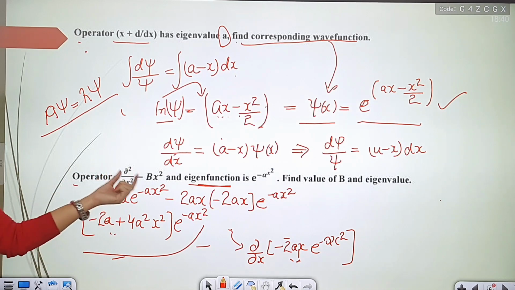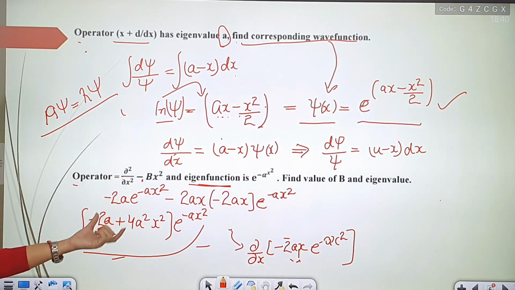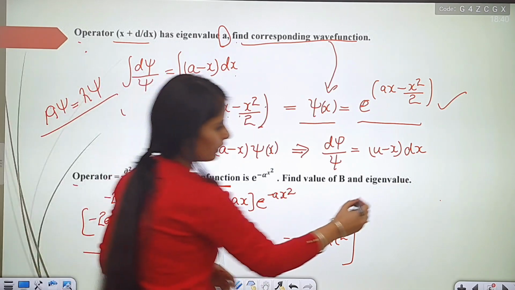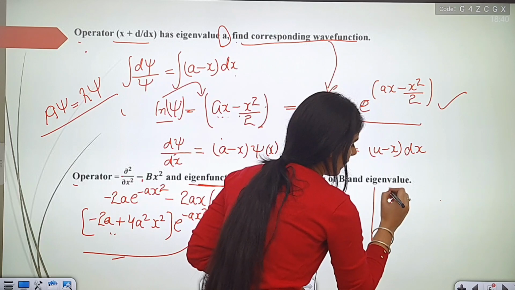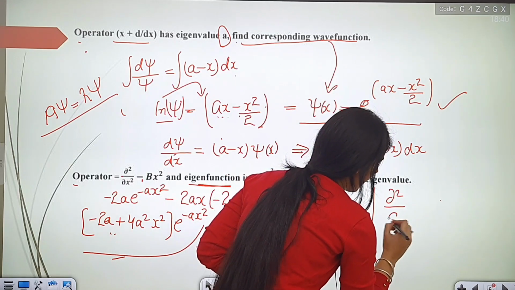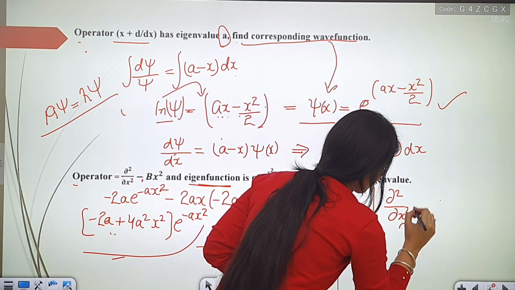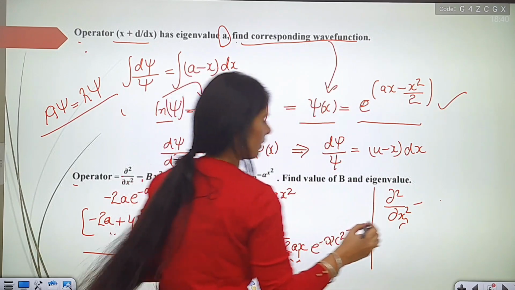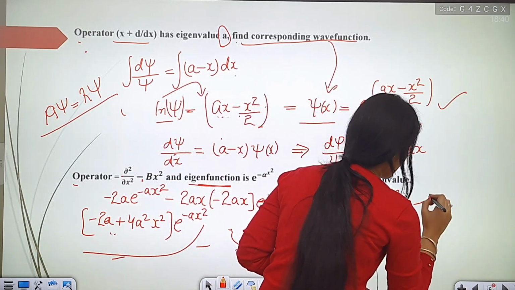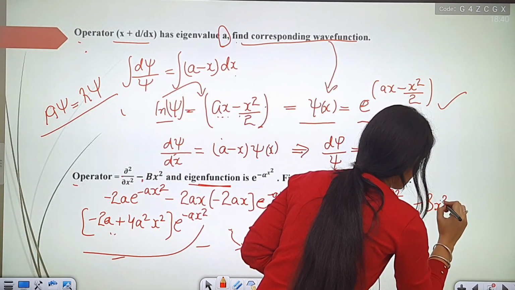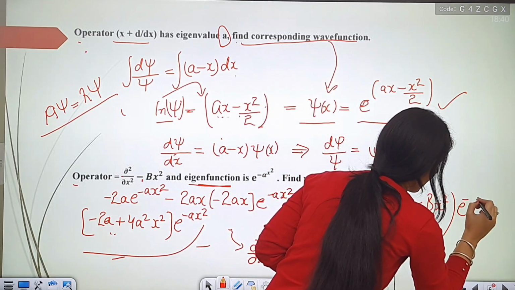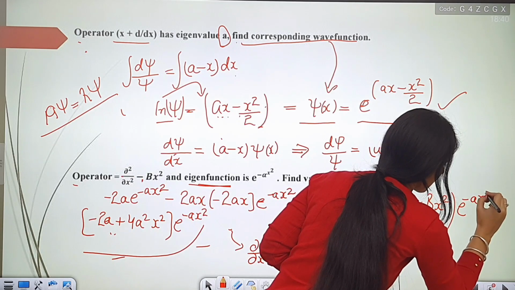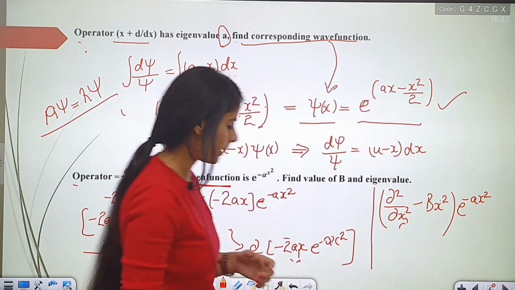Now we are going to put this value over here. So what was our original equation? Our original equation was del square upon del x square minus bx square operating on e raised to power minus ax square, right?